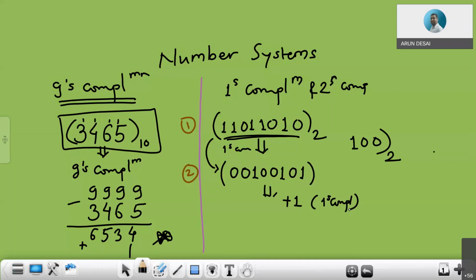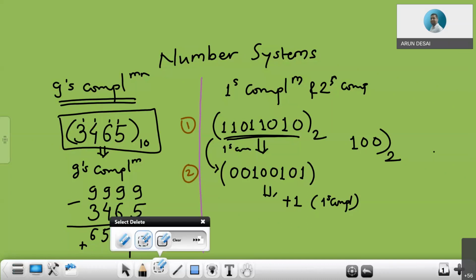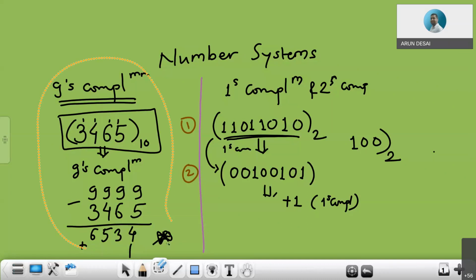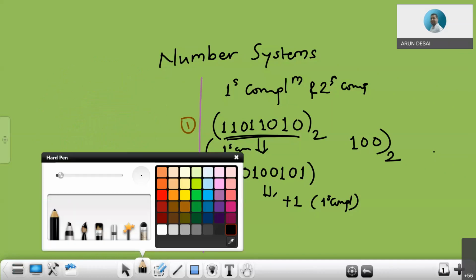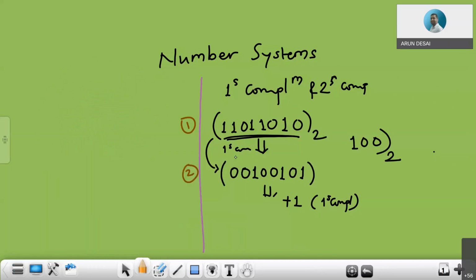Keep your eyes on the screen. Right. If I have two numbers, 9, and I need to subtract 5 from 9, this example is of decimal, right? But we are taking this example to see where we are actually using the two's complement method.